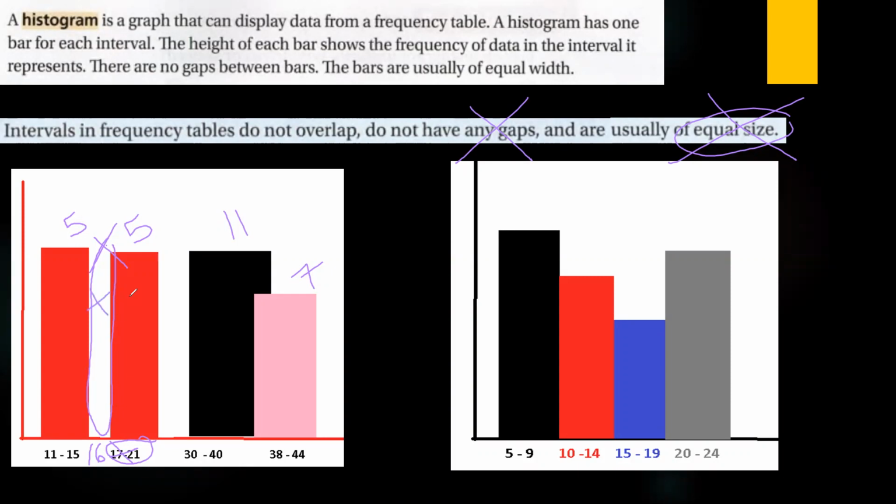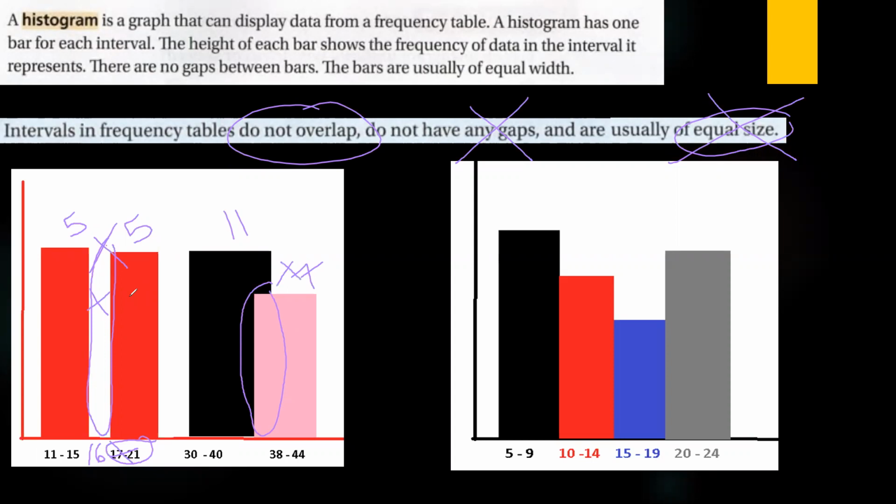Another one, they don't overlap. What does overlap mean? It means when I draw it here, I take a space from the first bar, or you can say you take a space from the previous bar, and this is false.